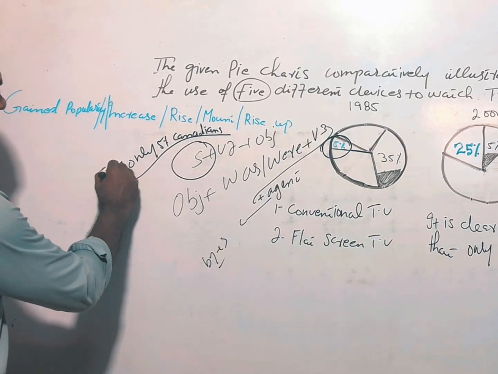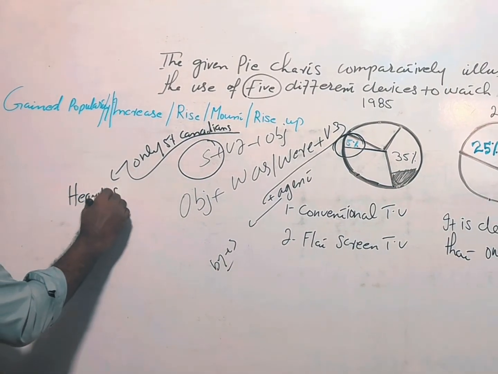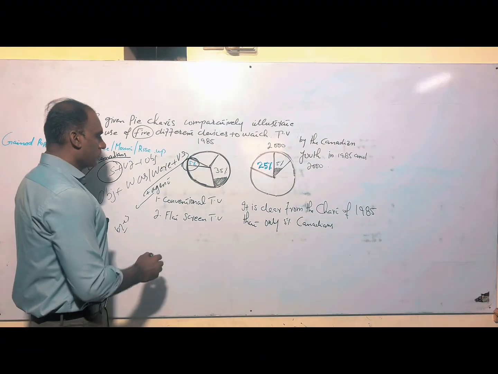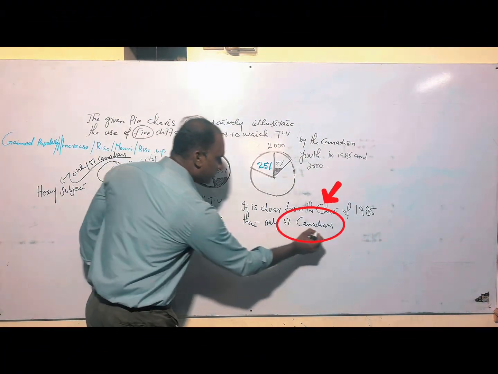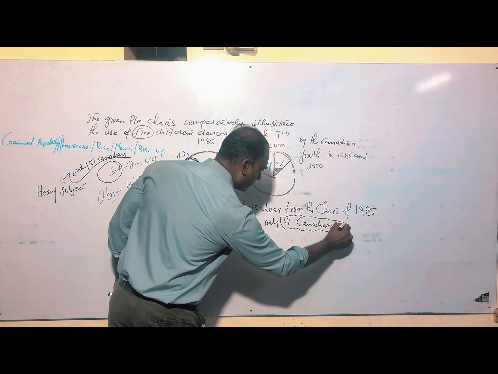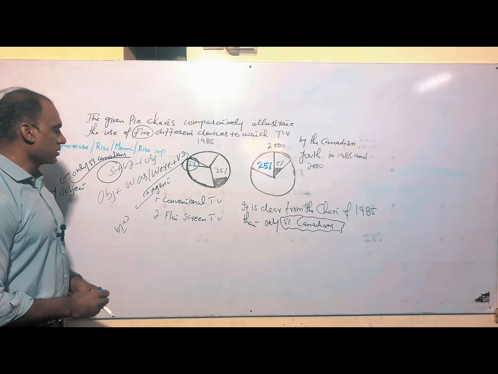This can also be called the heavy subject. That only 5% Canadian. That is the main subject actually, that is why I have encircled it.